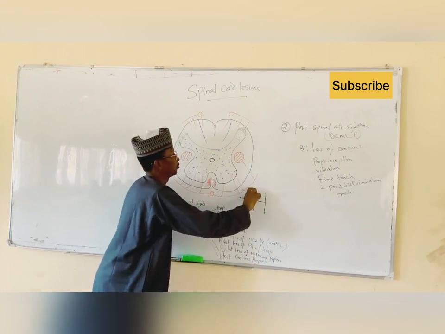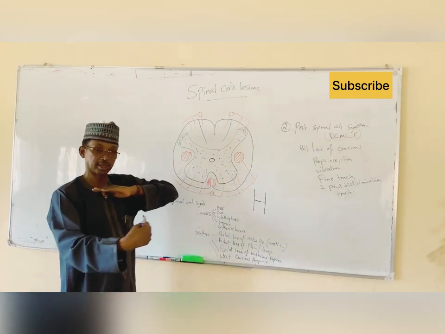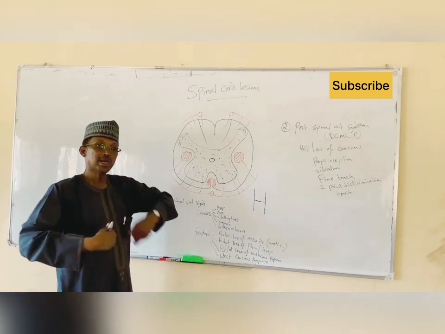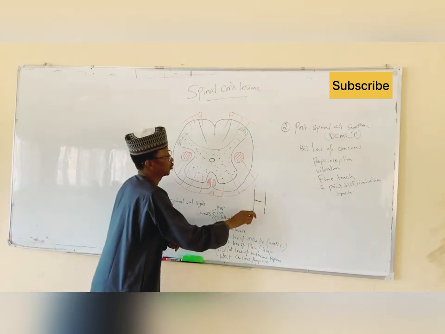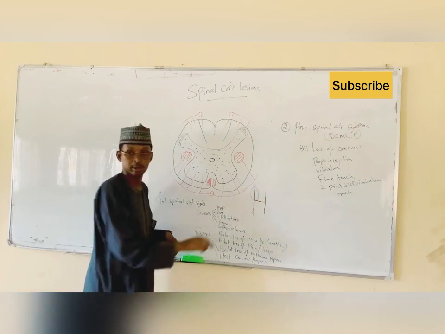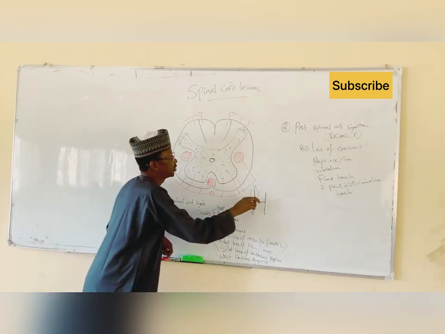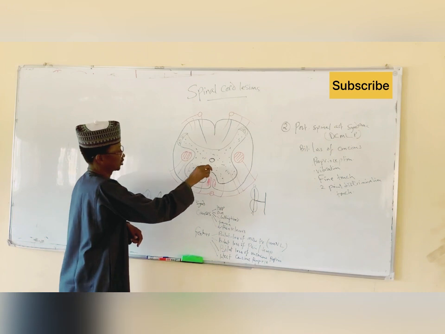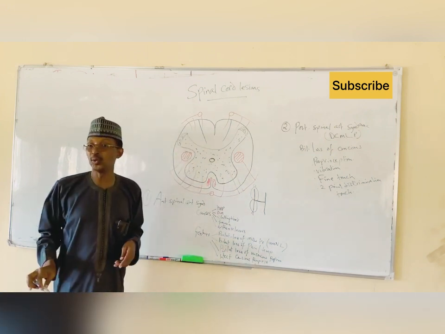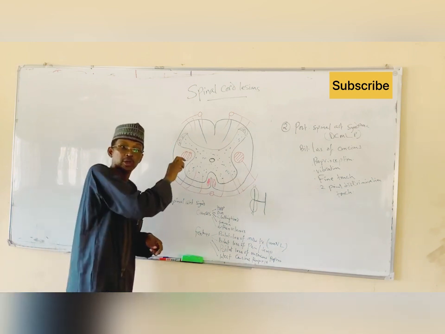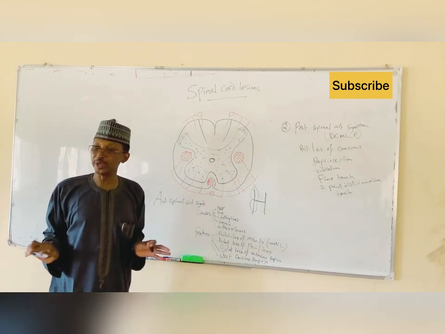You have posterior and anterior because it's a cross section. You look at it here, that is anterior, and at the back is posterior. So this is the posterior part, this is the anterior part. You have the posterior limb of this H, and you have the anterior limb of this H, which is this one here. You call it posterior horn or anterior horn anyway.